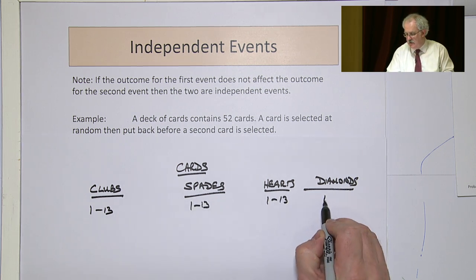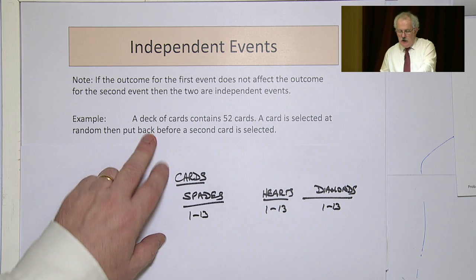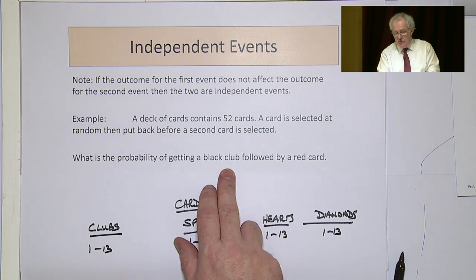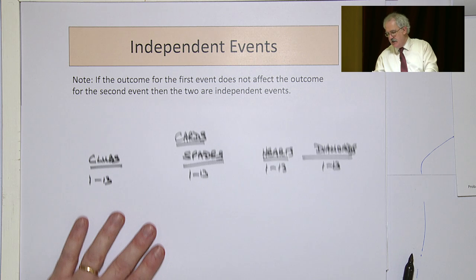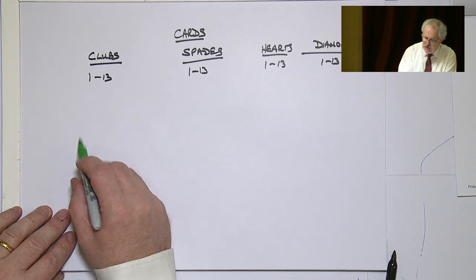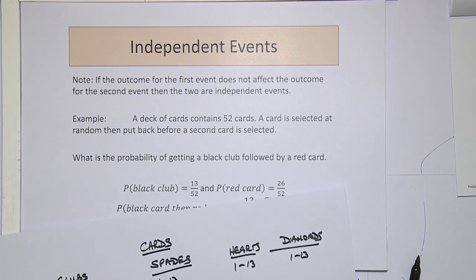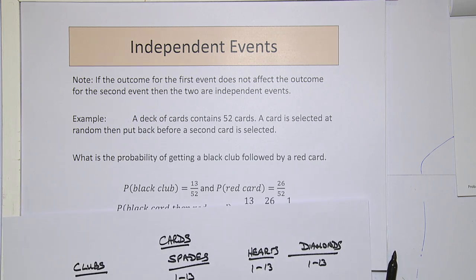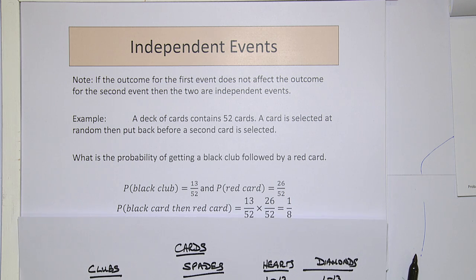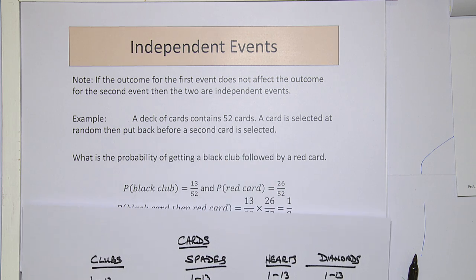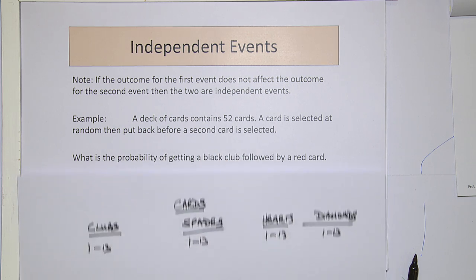I want to figure out the probability of getting a black club followed by a red card. A black club. How many clubs are there? Are clubs black? So what's a black club? It's a club, isn't it? It's like a red heart, isn't it? If they said black heart, I wouldn't have much of a chance, would I? No, so that's just a club, isn't it?